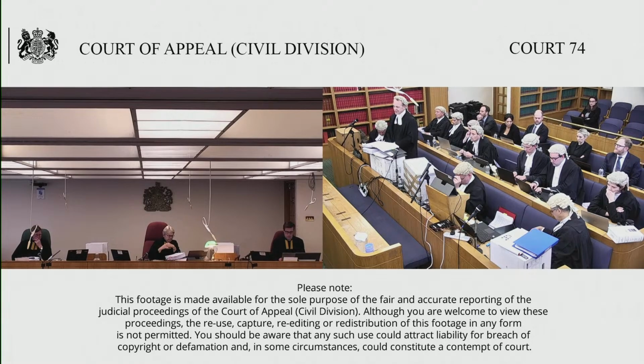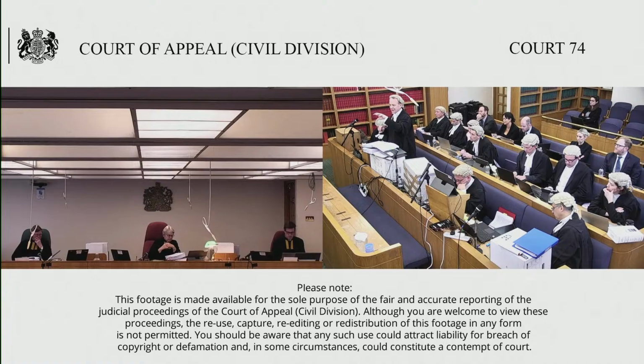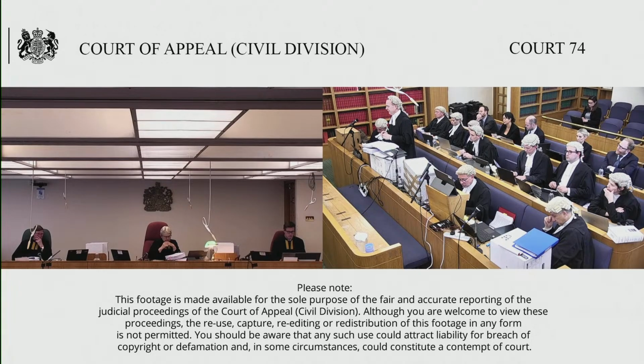So essentially it's trying to piggyback on the lessor's interest, which was registered, and to say, well, look, the lessor's interest was registered. There's a sort of carve out to the lessor's interest, which is the lessee's interest. And therefore, we're able to take advantage of the fact that the lessor's interest was registered so that our own unregistered interest binds the trustee owner.